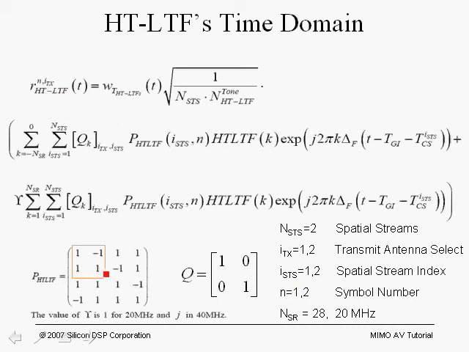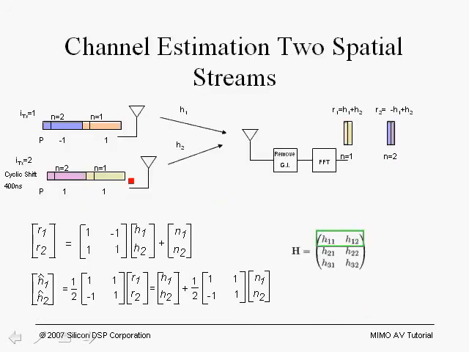So here we have a subset of the P matrix shown here, which is equal to this part, which is 1 minus 1, 1, 1. This sub matrix of the overall P matrix, which is a 4 by 4 matrix in order to accommodate 4 spatial streams, is the same P matrix that we used in the development of the estimation of the channel using 2 spatial streams.